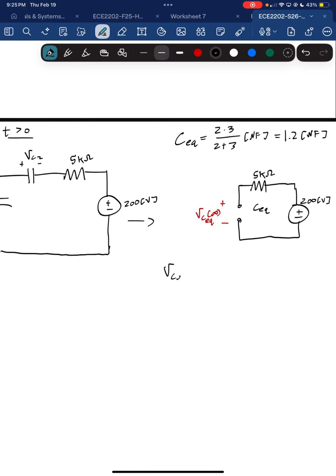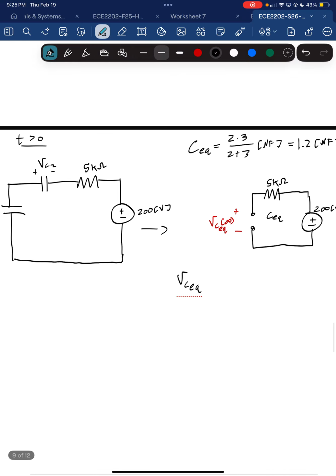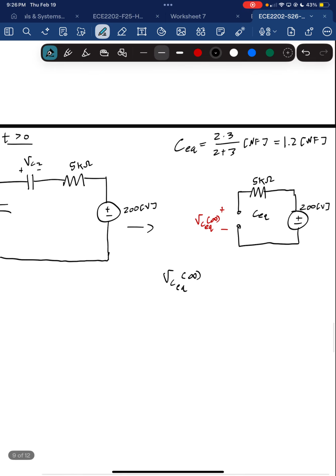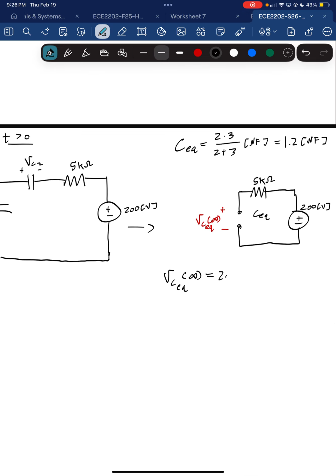Remember, this is a new capacitor, so we can define the voltage however we'd like. This is not given to us. The way I have defined it, VC equivalent of infinity is 200 volts.